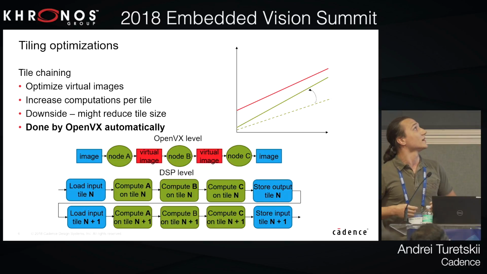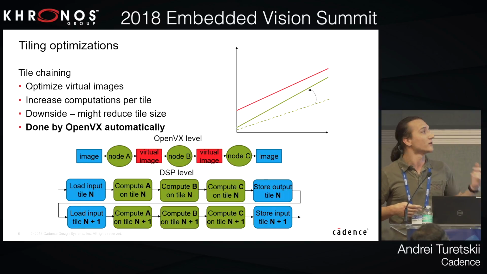Another technique is tile chaining. This is basically an optimization of OpenVX virtual images. If you have a subgraph which is connected by virtual images, we don't have to go node by node, loading a tile, executing node A, loading the next tile, executing node A, and so on, and then going to the next node.